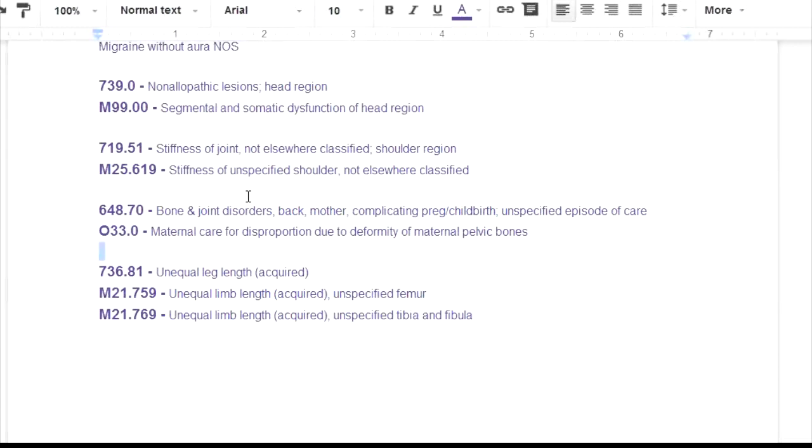You don't have to use the modifiers to distinguish. So almost everything that can be a right and a left will have a code for right, a code for left, a code for bilateral, and a code for unspecified. And you want to stay away from unspecifieds.